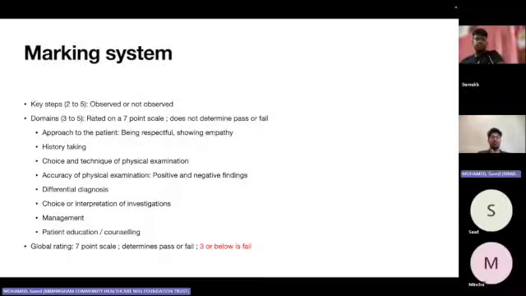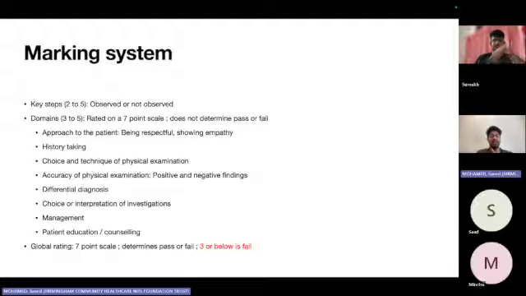For example, if a patient starts to cry when you ask, is there any family history of heart attack, and they tell you, my father died of heart attack recently, and you just ignore that and start asking them about their allergy history, you would be marked down on approach to the patient. That's a domain that tests how you interact with the patient.